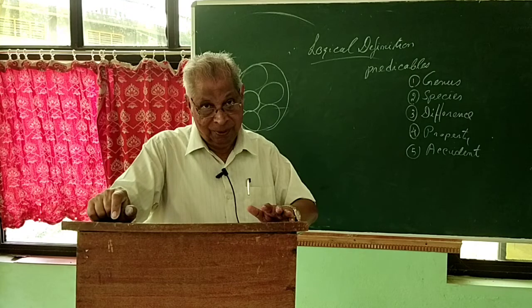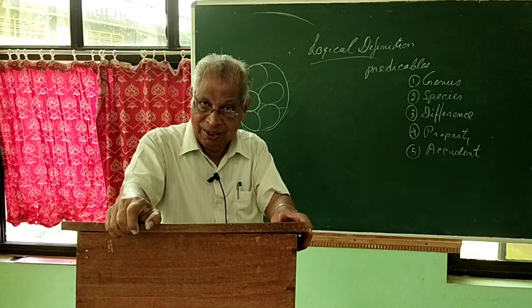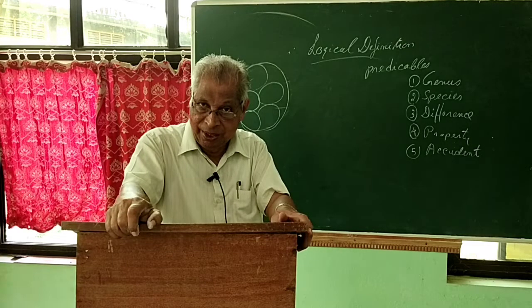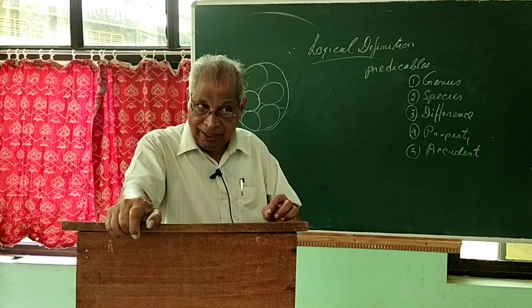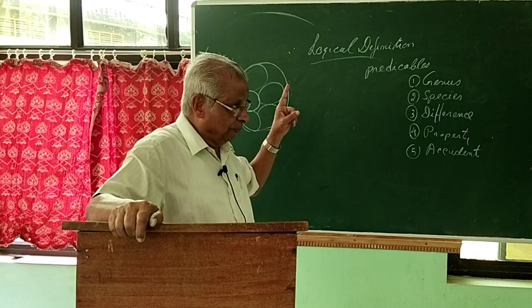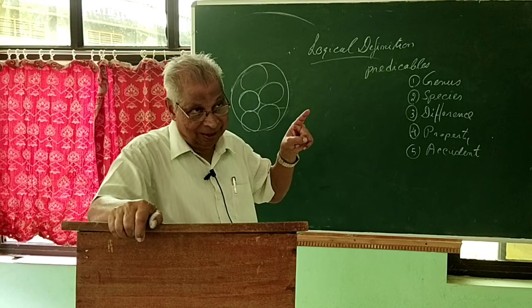So these are the five predicables, and I have given a general picture of the five predicables. Now we have to see the relation between them, and then we'll understand the two phrases that we have to clarify: proximate genus and specific difference.